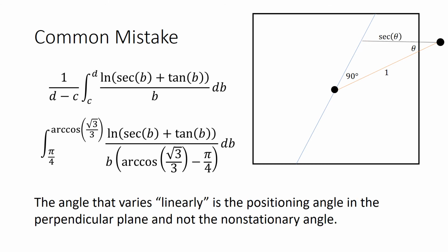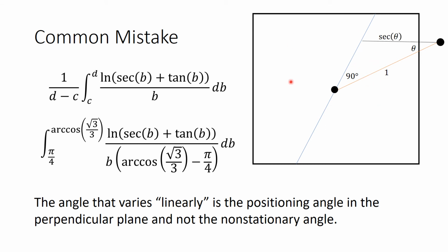So we want the angle to vary linearly, like a weight function, if you're going to do the mean value theorem with probabilities. And the positioning angle in the perpendicular frame is, you're adding up the positioning angle in the perpendicular frame, because when you initially spin it, I'm just going to explain this once really quickly.